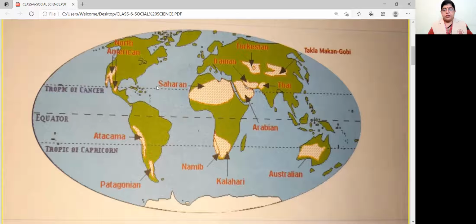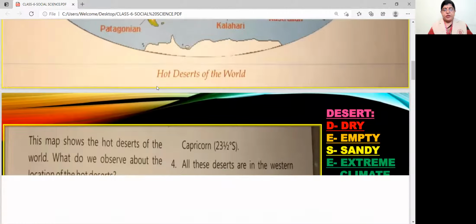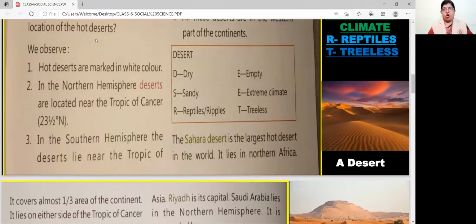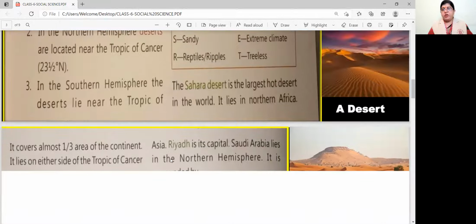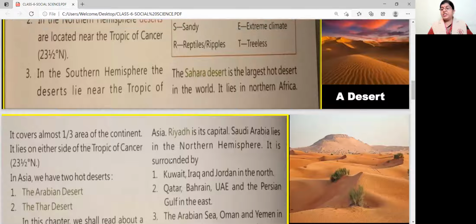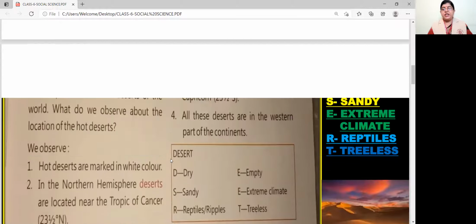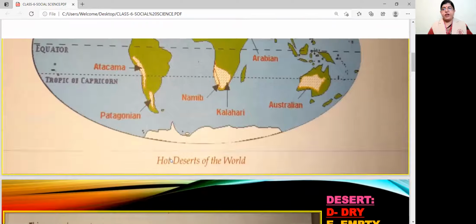Now, hot deserts were marked in white color. Tropic of Cancer, Tropic of Capricorn. Largest hot desert in the world is Sahara Desert, and it lies in northern Africa.